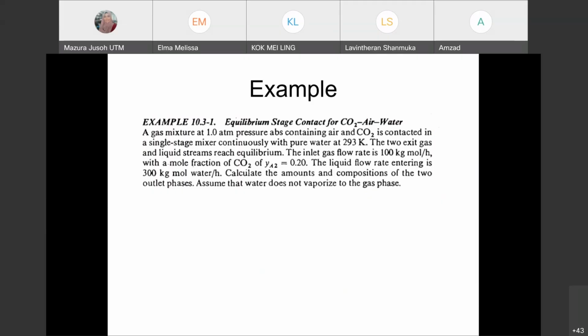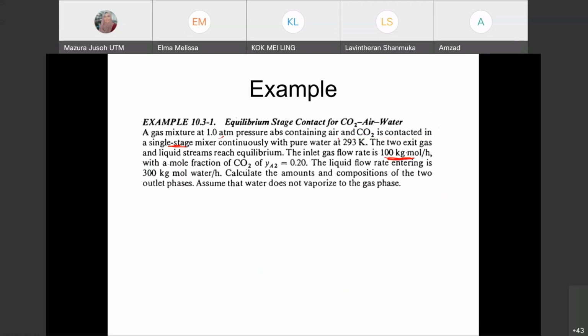For this question, a gas mixture at 1 atm pressure, absolute, containing air and carbon dioxide, is contacted in a single stage mixer continuously with pure water at 293 Kelvin. The two exit gas and liquid streams reach equilibrium. These are just the conditions. The inlet gas flow rate, this is the flow rate of your V1, is 100 kilogram mole per hour.